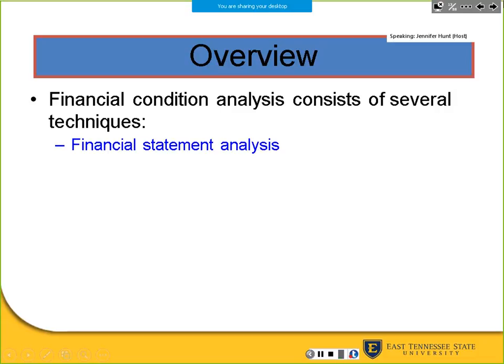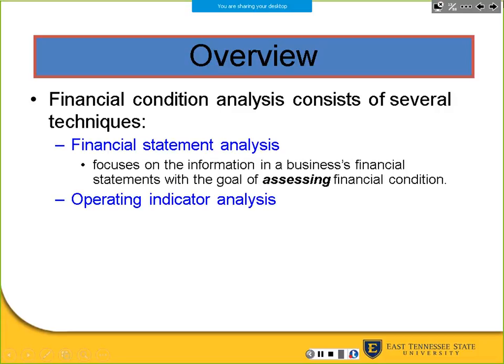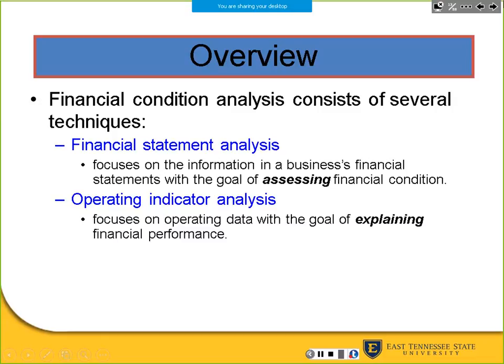So financial condition analysis, we're going to look at a couple of different techniques. We've touched on financial statement analysis through last week's lecture, focusing on assessing what our organization's financial condition is at the time. Today we're going to look a little more into operating indicator analysis.